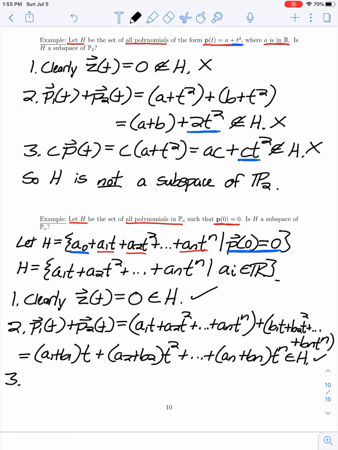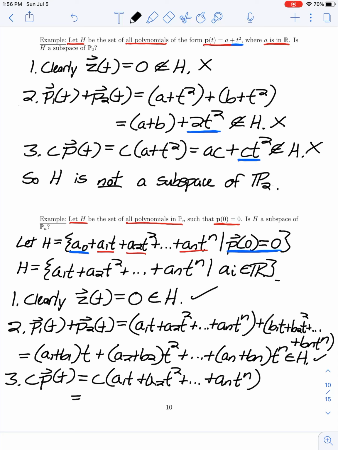And for our third condition, we need to show that this is closed under scalar multiplication. So for any scalar c that I take, if I multiply by a polynomial p of t which is in this set, I would have something of the form c times (a1t plus a2t squared, and so on up through an t to the n).